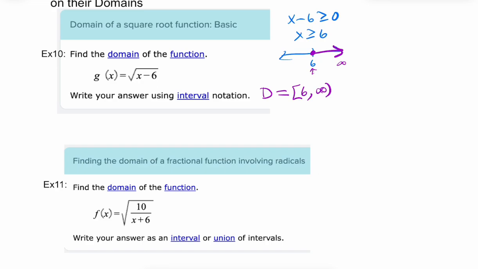Let's look at how 10 and 11 are different. Number 10, you could rewrite that as the square root of 10 over the square root of x plus 6. So we're only worried about the denominator. That's the only one that has an x in it. So you don't write x plus 6 is greater than or equal to 0, because is a denominator allowed to equal 0?